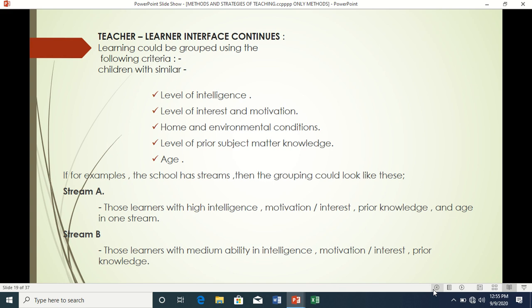Students who are, you see them, they are highly self-motivated. They have a prior knowledge about some topics and whatever. You can put such students in one stream and call that group stream A or class A. Then those learners with medium ability in intelligence, they are also motivated and they have a common interest, prior knowledge. You put them into a stream too.